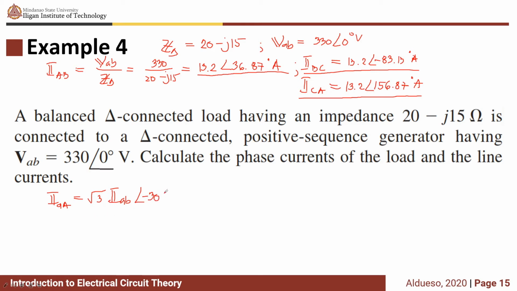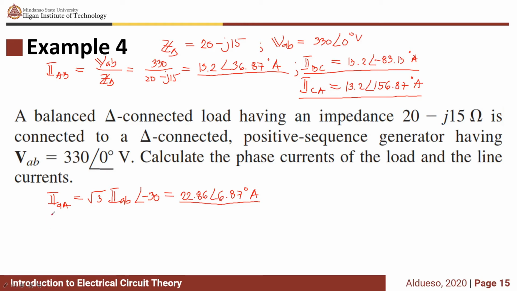This is equivalent to 22.86 angle of 6.27 degrees amperes. So if we have one line current, we can now relate this line current to the other line currents.